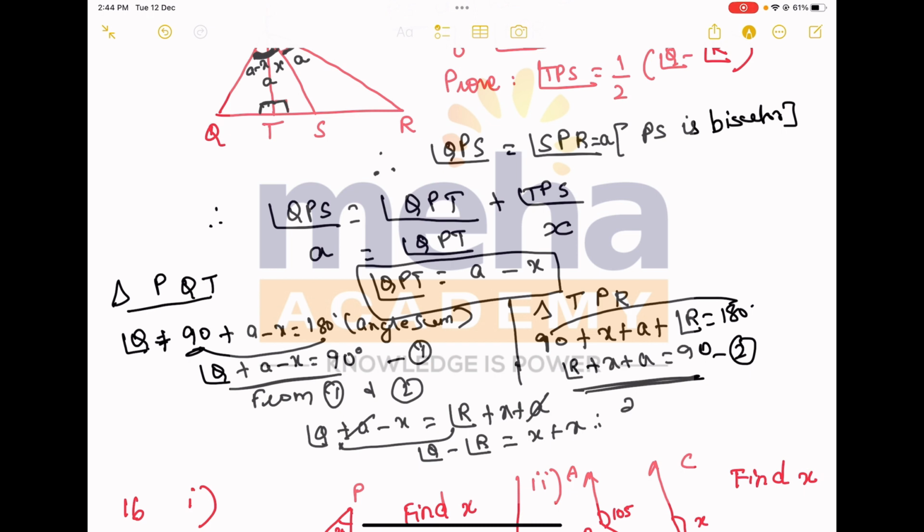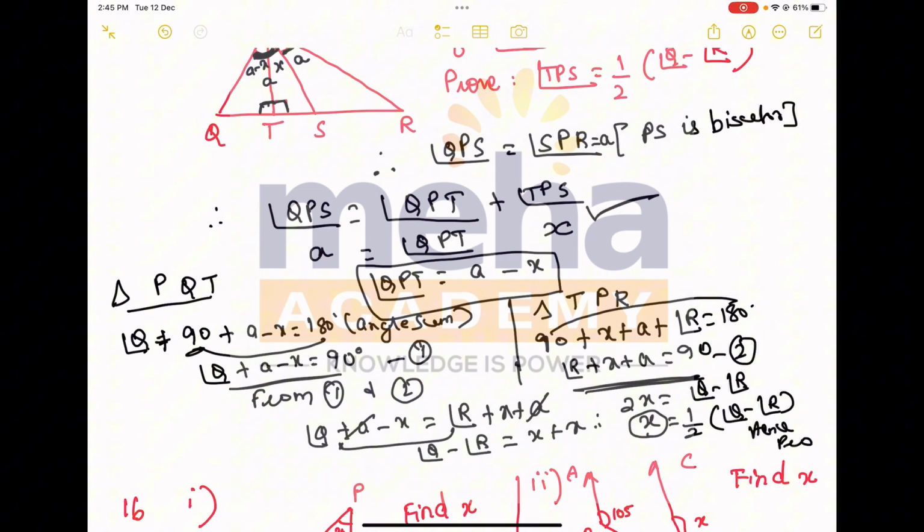Therefore, 2X is equal to angle Q minus angle R, so X is equal to half of angle Q minus angle R, hence proved. So what is X? X we know is TPS. So therefore, TPS is equal to half of angle Q minus angle R.